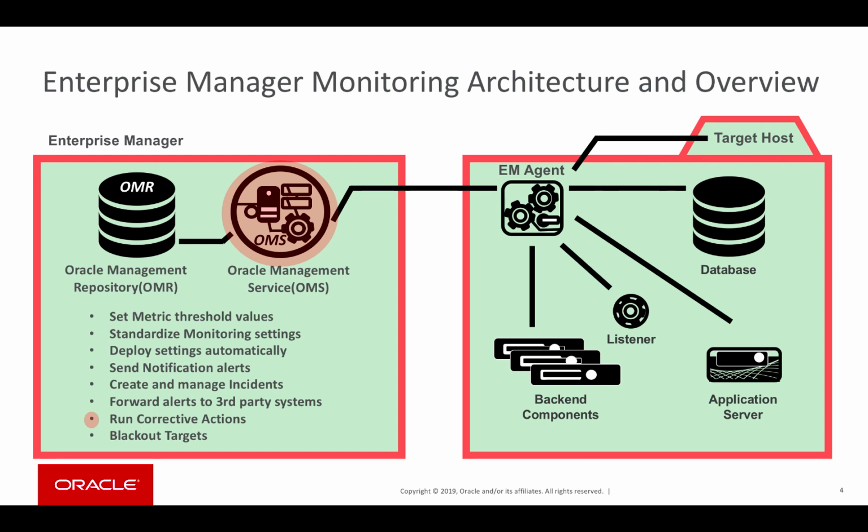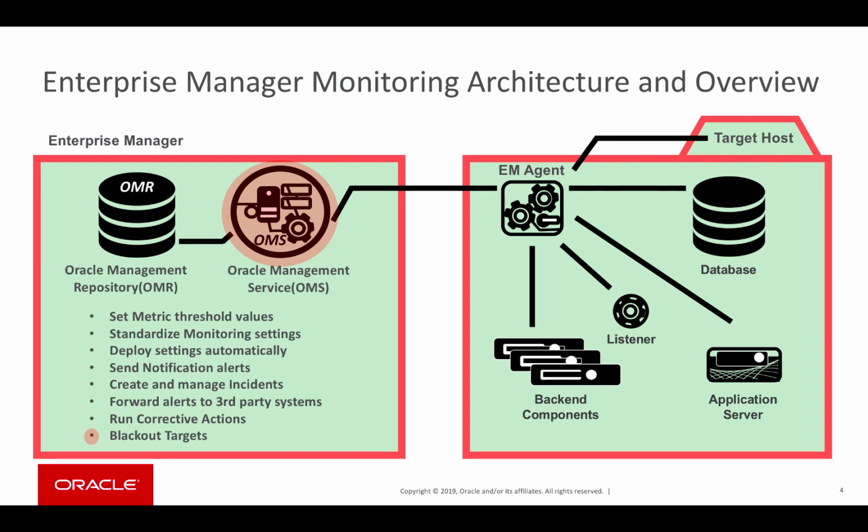Enterprise Manager also allows you to run corrective actions, which automatically start a job that remediates a problem. For example, if you get an alert which is tablespace full, then you can configure a trigger to run a job that adds more space to the tablespace so that the alert will be closed automatically.